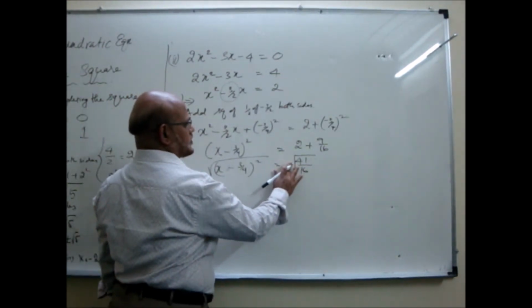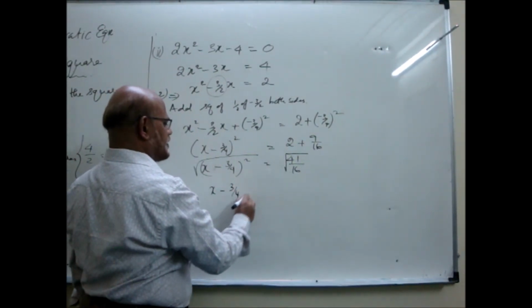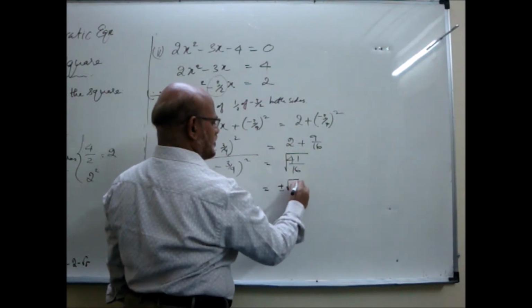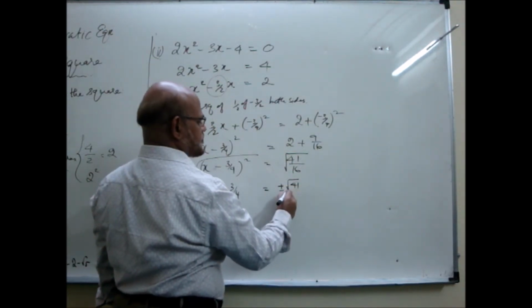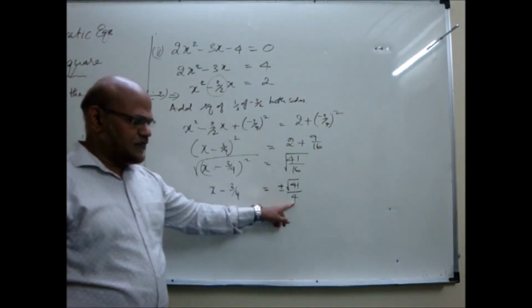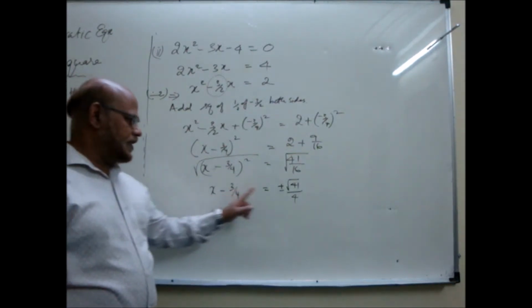So this step I leave it like that, and the next step becomes x minus 3 by 4 equals plus or minus root of 41, and the square root of 16 is 4. So 4 here, plus or minus 4. Now you need x, transpose it to the other side.